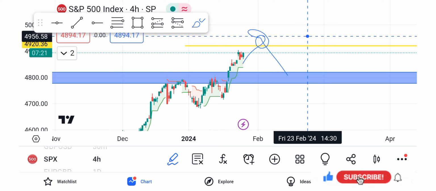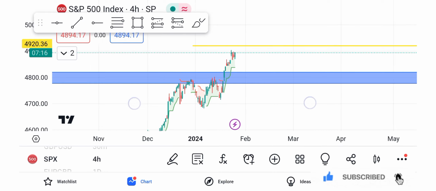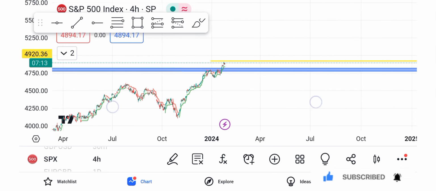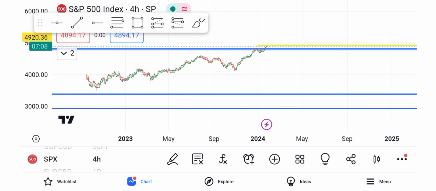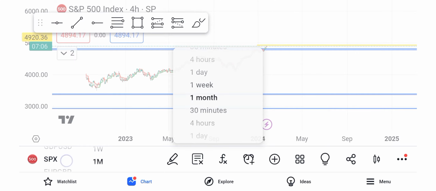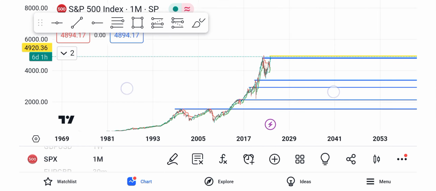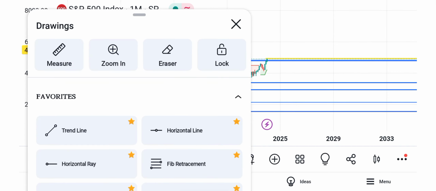But the second way you can get the take profit level would be to use the Fibonacci extension tool. Now on the 4-hour time frame, we don't see any clear swing. So let's use the monthly and see what we find on the monthly. Okay, so this is the monthly, right? So we could take advantage of this. Let me use the Fibonacci tool instead.